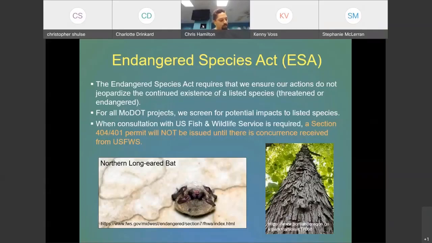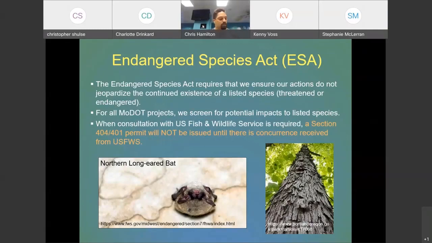We get our species lists from the Information for Planning and Consultation, or IPaC. These species lists are generated based on the project areas. Almost all RESs, when we fill out our species lists, are going to have Indiana and northern long-eared bats. They're not going to always have gray bats.